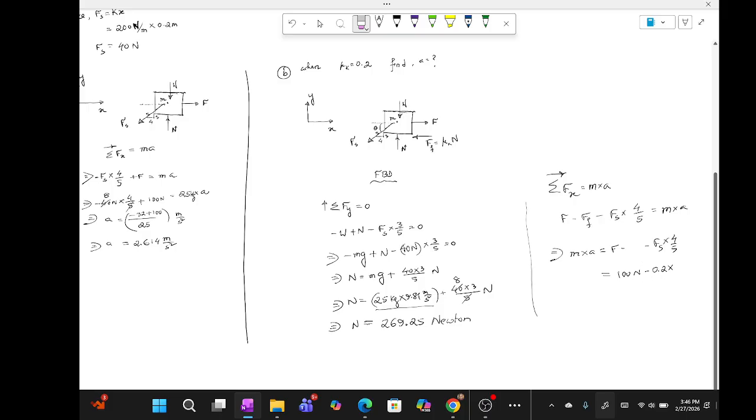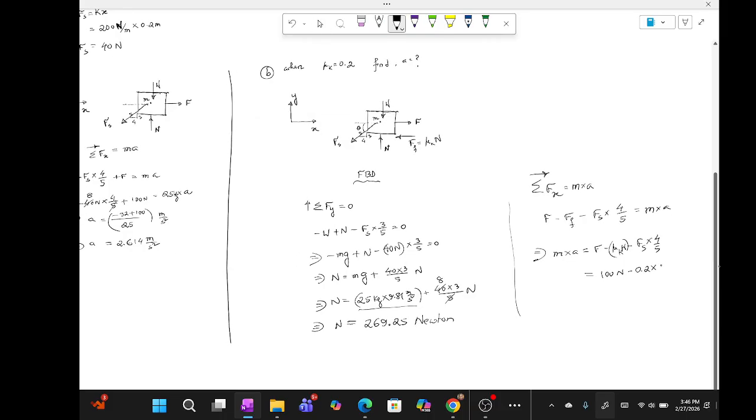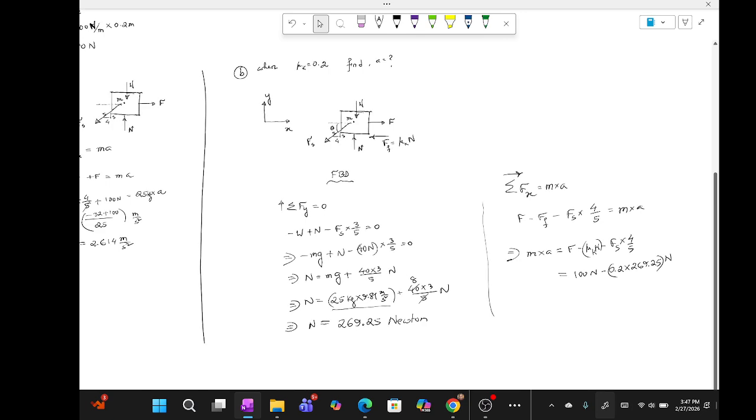Maybe I should be writing it this way, that way there won't be any confusion. So 0.2 multiplied by 269.25 Newton minus, what is my Fs again? Is it 40? 4 divided by 5, right?